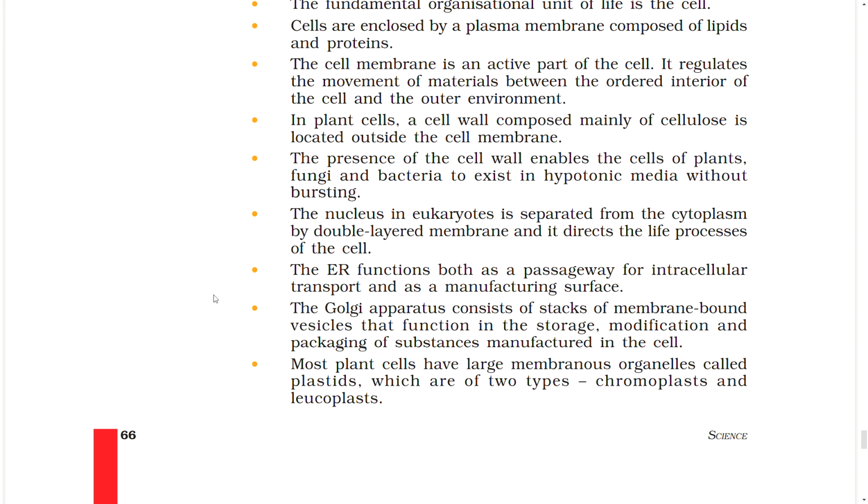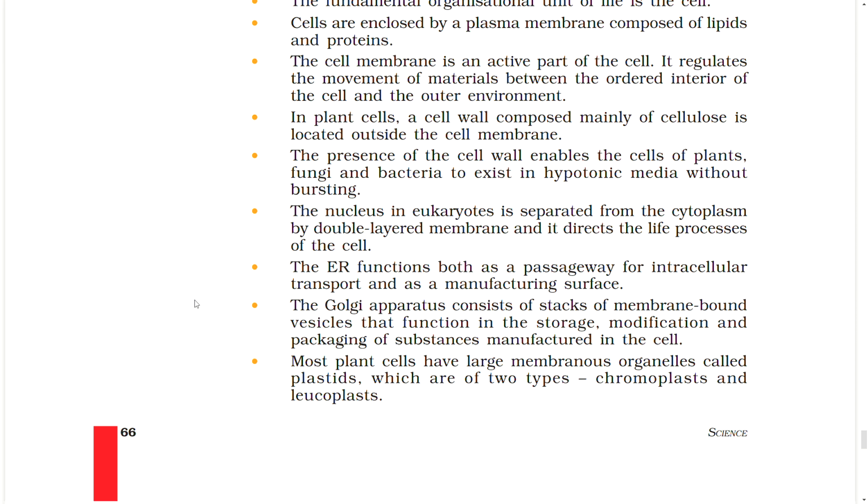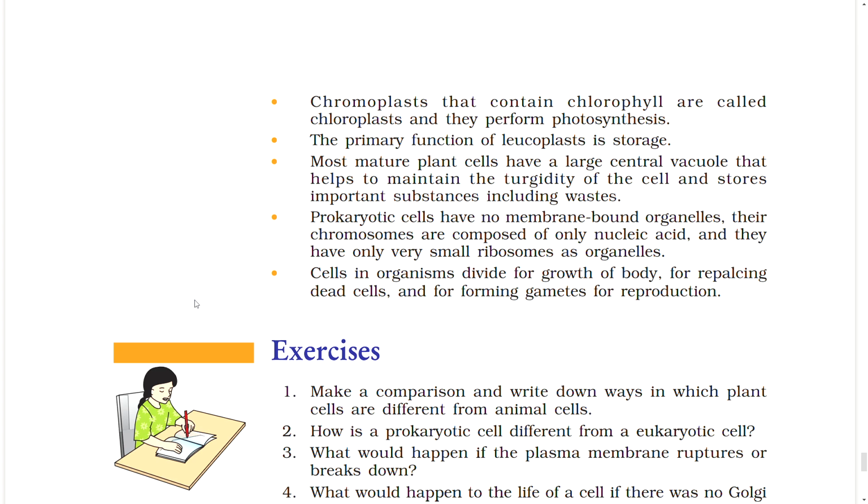Most plant cells have large membranous organelles called plastids, which are of two types, chromoplast and leucoplast. Chromoplasts that contain chlorophyll are called chloroplasts and they perform photosynthesis. The primary function of leucoplast is storage.